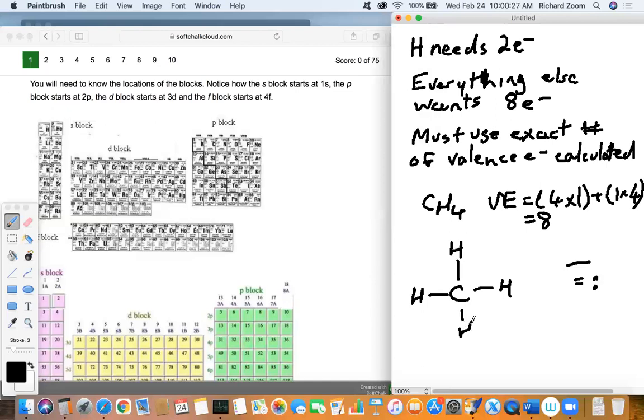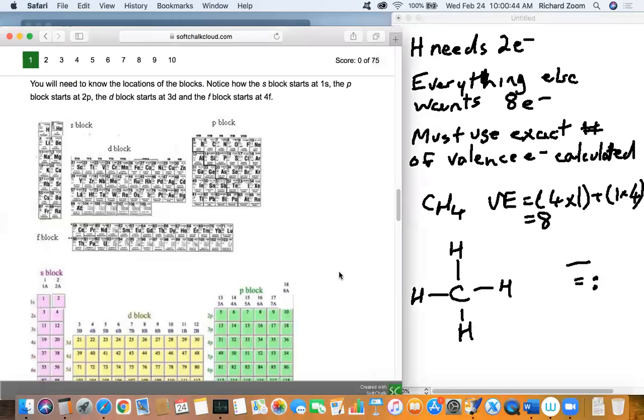If we were to show the CH4, we could put the hydrogens on the outside first and then put lines to them. And lo and behold, we've already used up our 8 valence electrons. So that would be a completed Lewis structure for CH4. Carbon already has 8 and all the hydrogens have 2, and that's as far as we need to go with that.